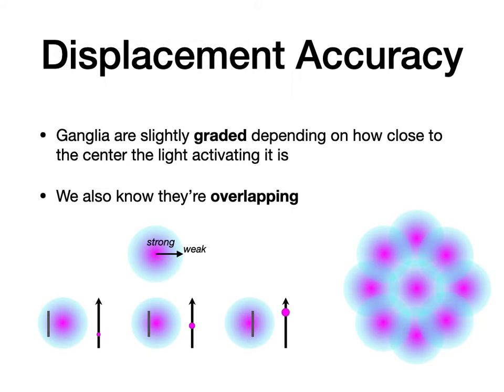We also know that they're overlapping. So we have lots of ganglion receptive fields near each other, overlapping with each other a bit, so that when there is a continuous line, it's going to activate a whole bunch of ganglia together.